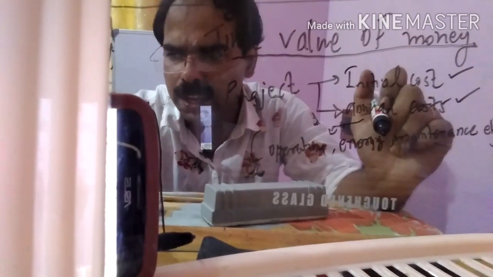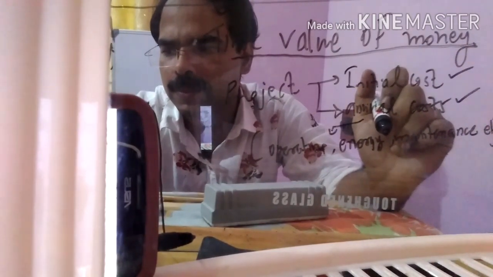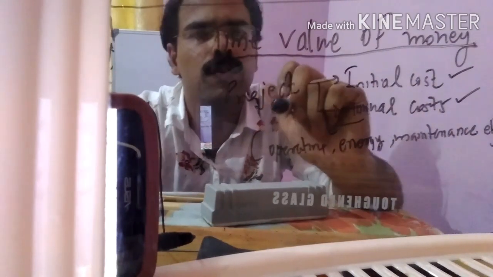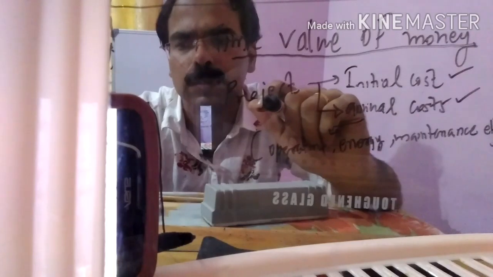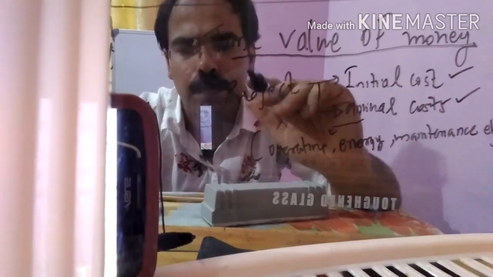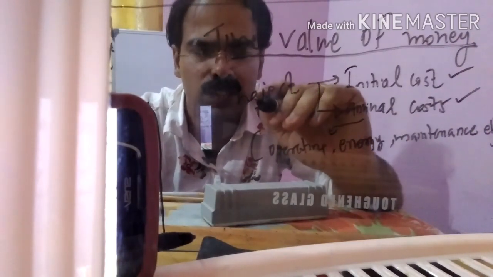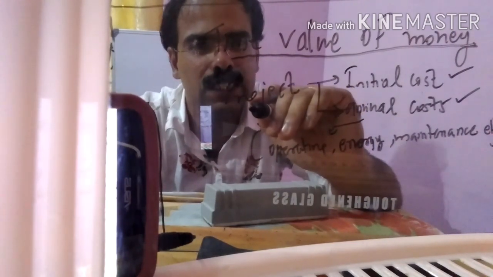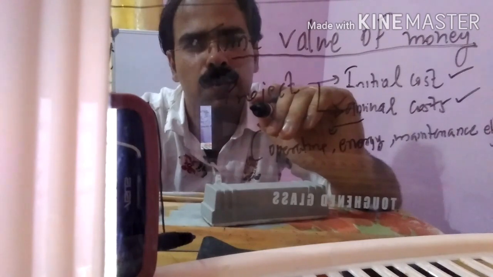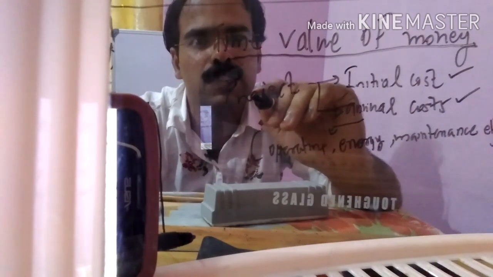So this is how we can explain it with the help of the time value of money. To assess project feasibility, the present and future cash flows must be equated to a common basis. That means if I have an amount of 100 rupees today, its value changes after 2 years.